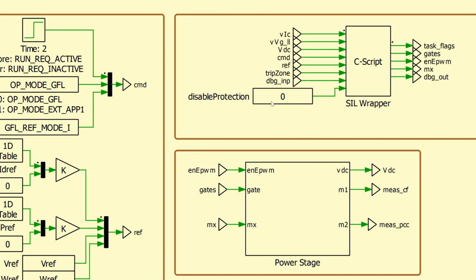Towards the end here, there's a disable protection option only for the SIL environment. Now, when this is set to 1, FAPI software will not trip the inverter in the simulation when there are overvoltage or overcurrent problems. This is very useful during the development stage when someone is starting to develop the control software.